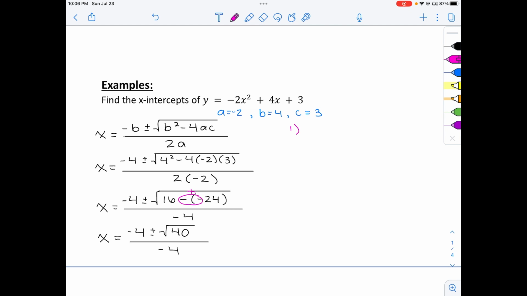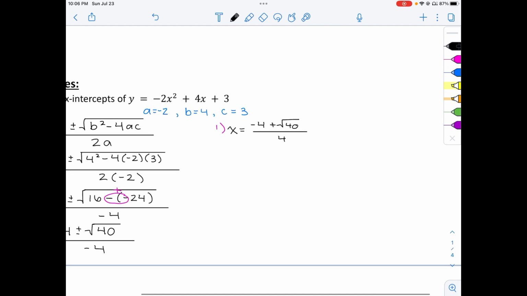The first root is going to be x equals negative 4 plus root 40 divided by negative 4. And then the second option, because we typically have two x-intercepts, is going to be negative 4 minus square root of 40 divided by, sorry, it should be divided by negative 4.